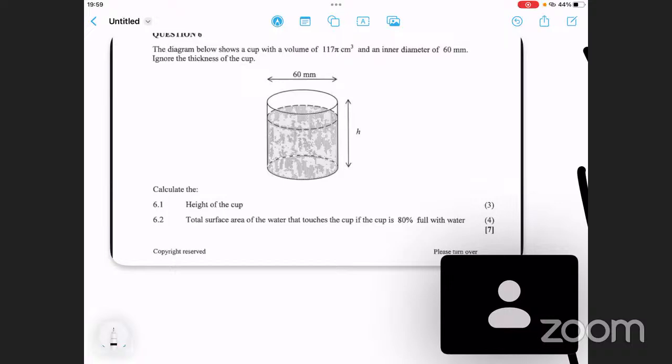That's what we want you to calculate. So it's like you pour water in that same glass, but 80% full. So they want to know the total surface area.